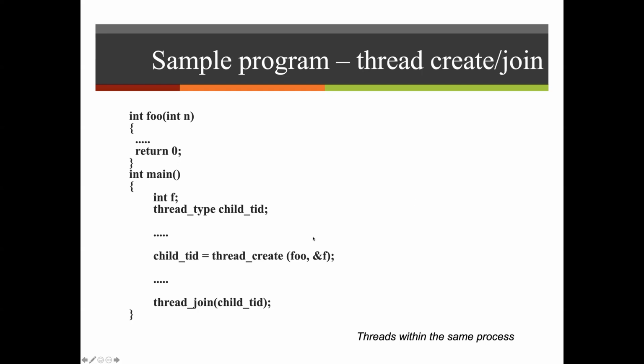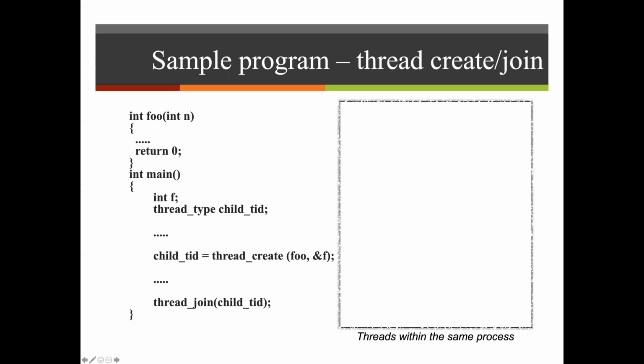And this is the thread ID that is created. So child thread ID is going to be equal to our thread create, which calls foo. Once the program completes its process, we'll join the results with the child thread ID.